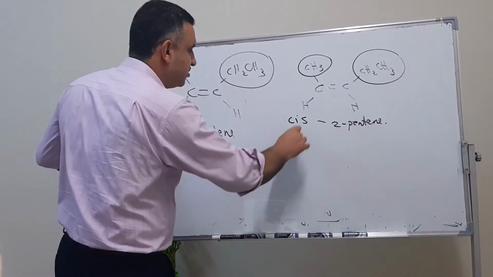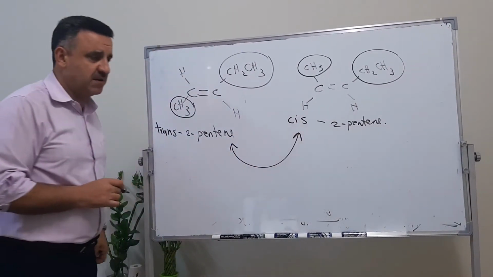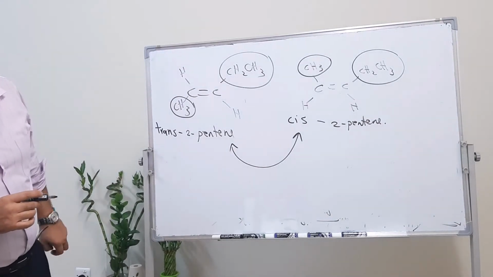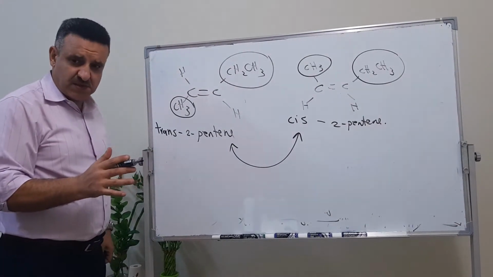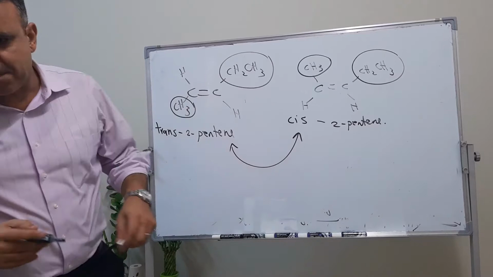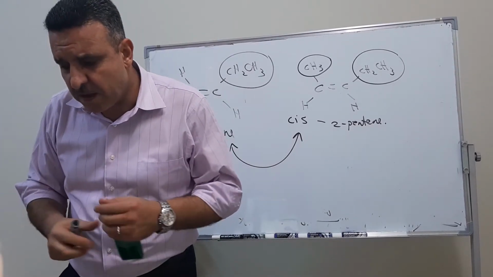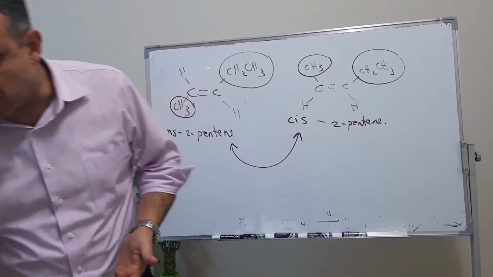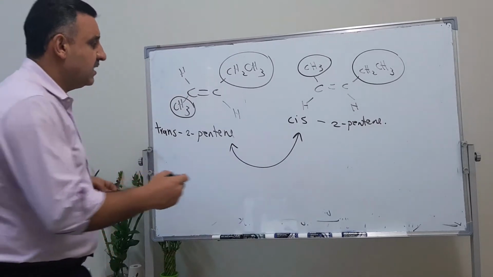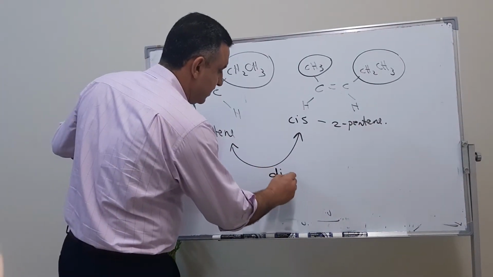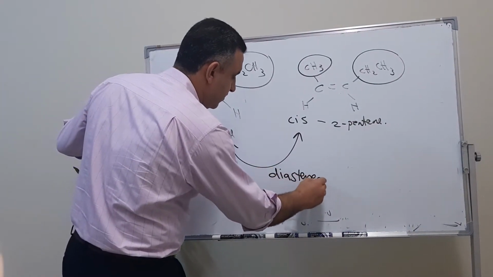Now, if I ask you, what's the relationship between these two structures? They are stereoisomers, but they are not mirror images of each other, and therefore they must be diastereomers.